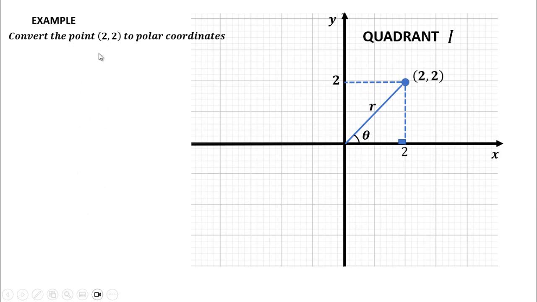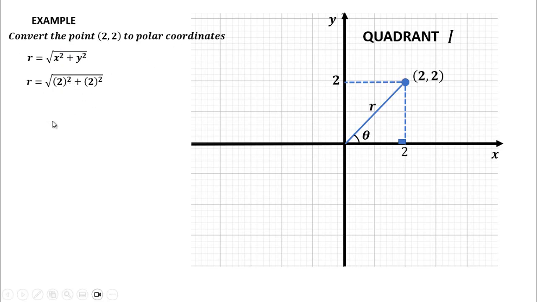Consider the point 2, 2. It's clear that the point 2, 2 is in the first quadrant of the plane. So let's calculate the value of r. We can apply the formula r equal to the square root of x squared plus y squared. Substituting the values of x and y in this formula, we obtain that r is equal to the square root of 2 squared plus 2 squared.